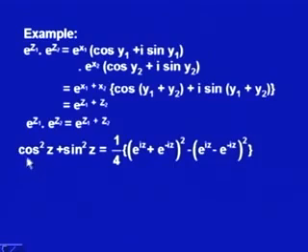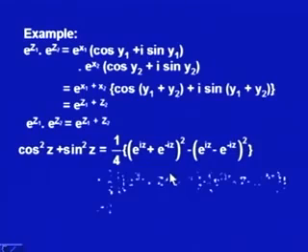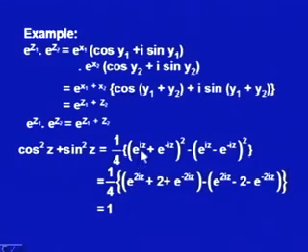Then cos²z + sin²z is also 1, as one can check from here. I am writing 1/4 (e^(iz) + e^(-iz))² for cos²z, and this is written for sin²z. We can expand these two and it comes out to be e^(2iz) + 2 + e^(-2iz) by expanding this, and from here I will be getting e^(2iz) - 2 + e^(-2iz).